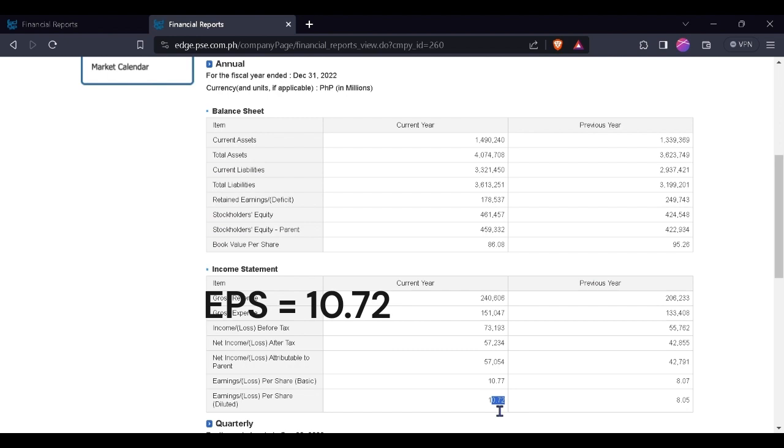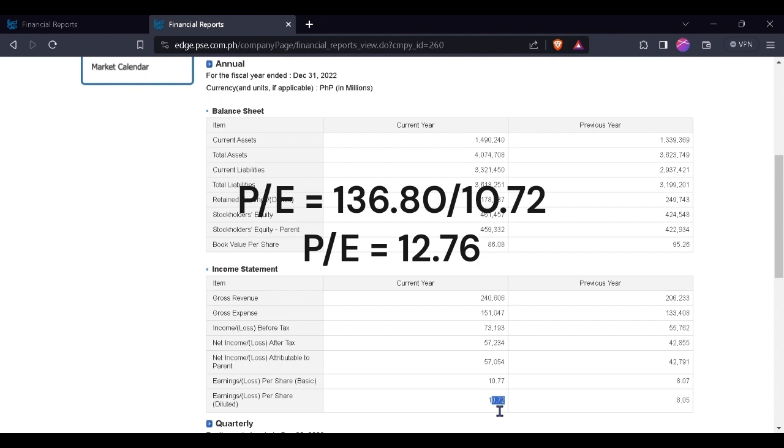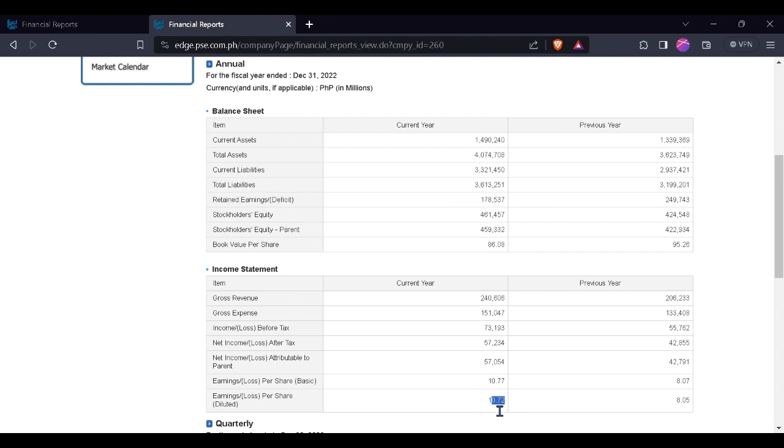So, if we divide 136 pesos and 80 centavos by 10 pesos and 72 centavos, the PE ratio would be 12.76. It means that for each 1 peso earned by BDO, you are willing to pay 12 pesos and 76 centavos for it. Or it will take roughly almost 13 years for your money to gain.